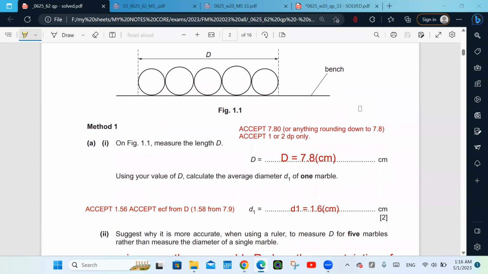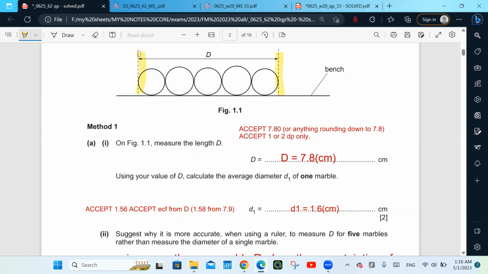The first method in the question, here you have 5 marbles, and the question asks to measure the diameter of the marble. So in this case, you need to measure the distance between this line and this line by using the ruler, okay?